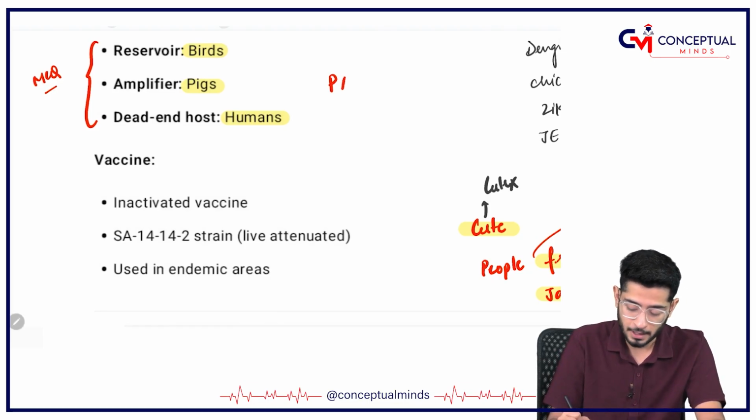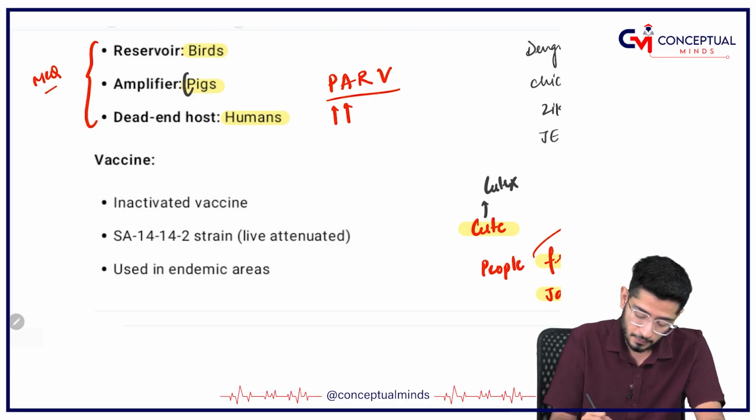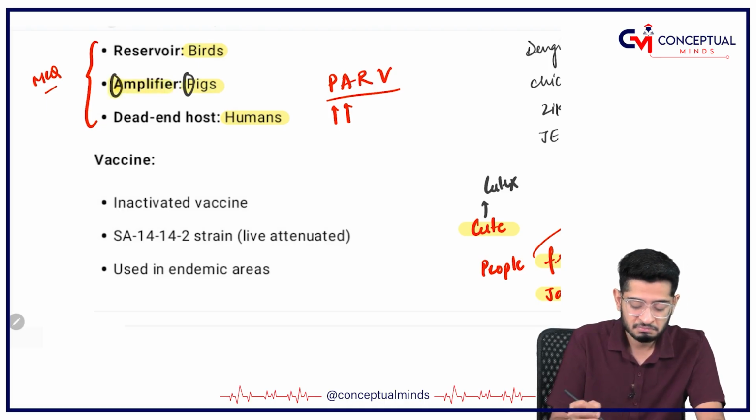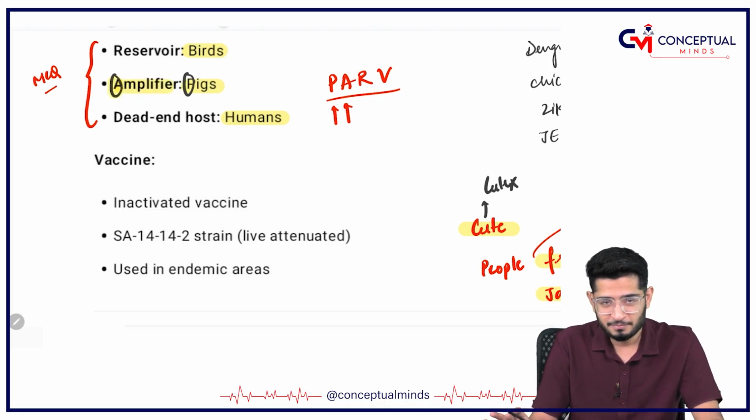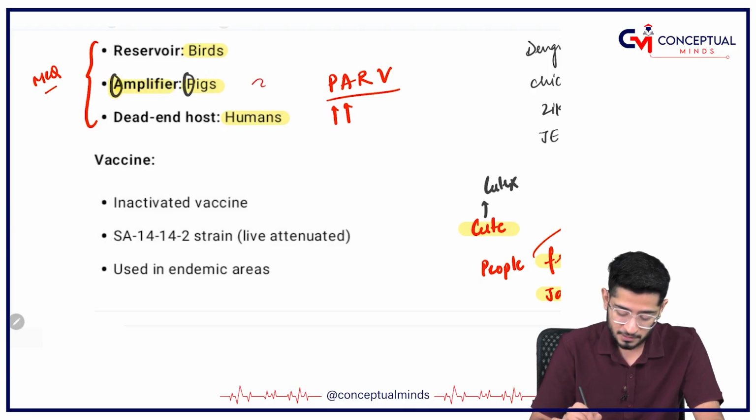Please remember my name. My name says that P and A are going to come together. So P for pigs, A for amplifier. Okay, I'm making mnemonics out of my name, but my name is not corresponding with all these things, anyways, just to make you understand, right?